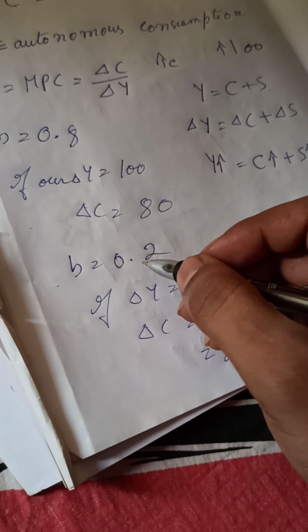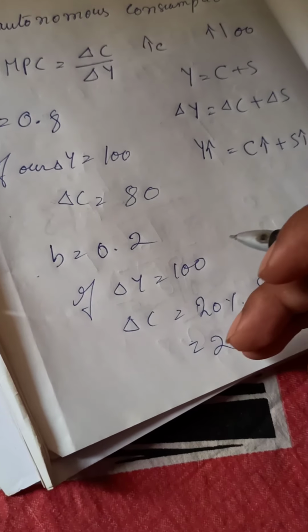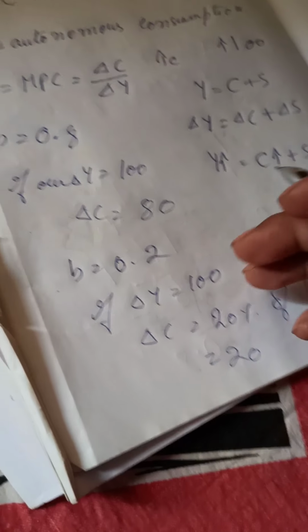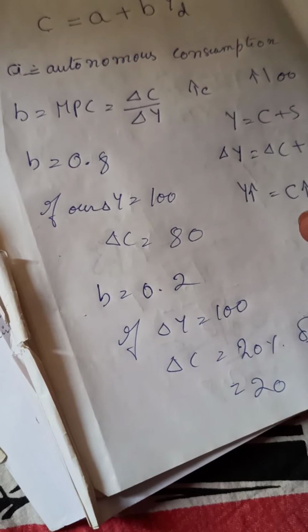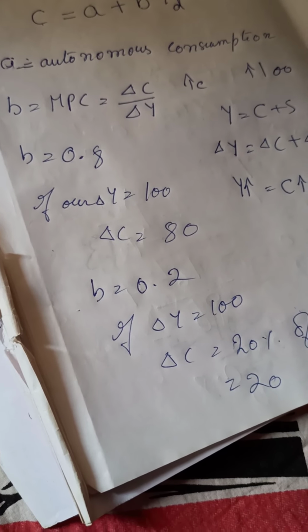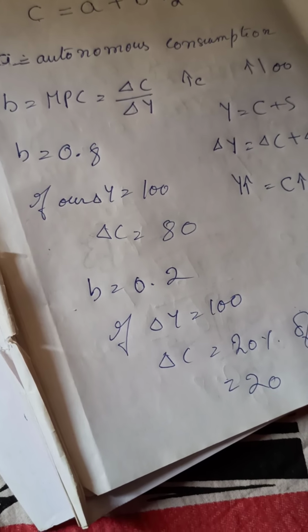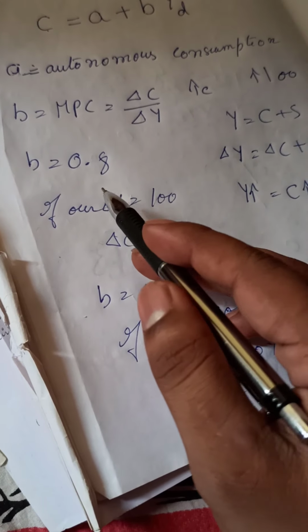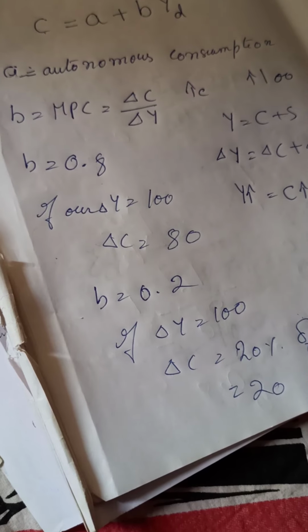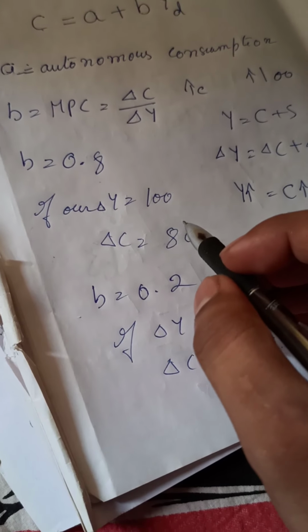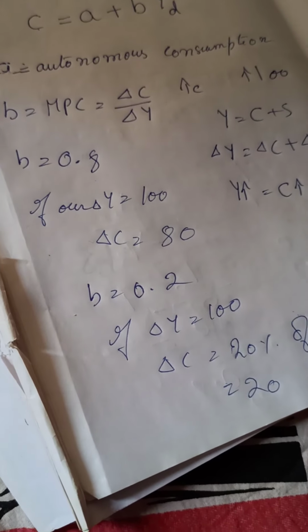So if the value of B is low, our change in consumption will be low. If the value of B is high, then the change in consumption will be high. If your income increases by 100 rupees and your B is 0.8, it implies that you are consuming 80% of the additional income. Therefore, your del C is also 80.